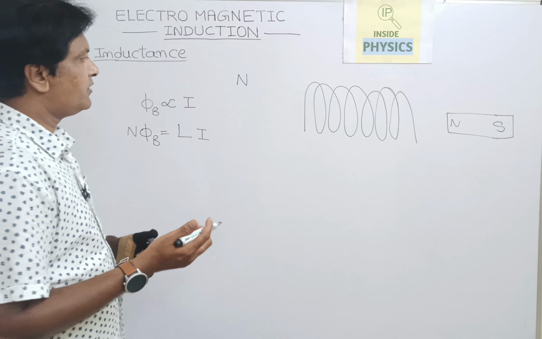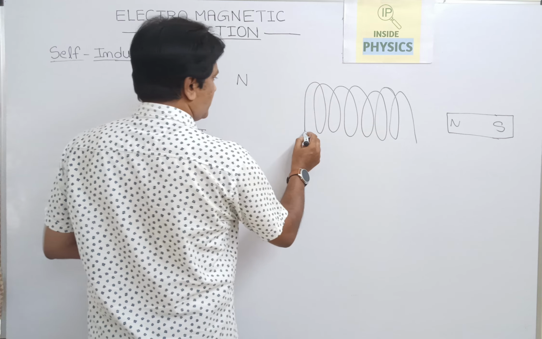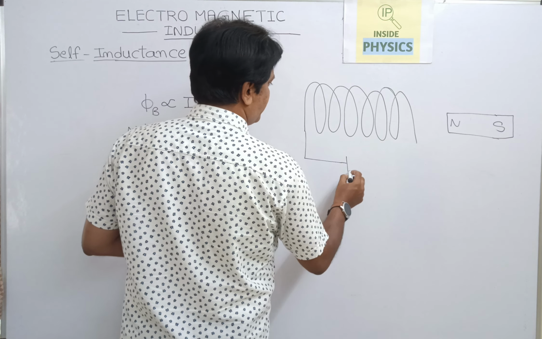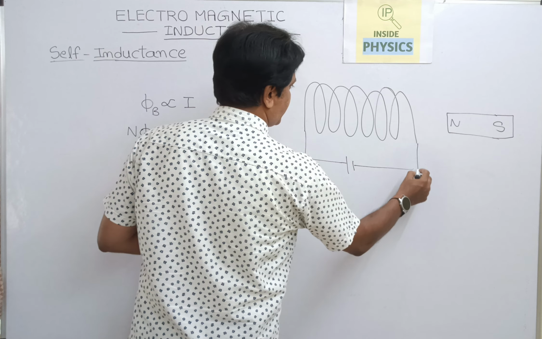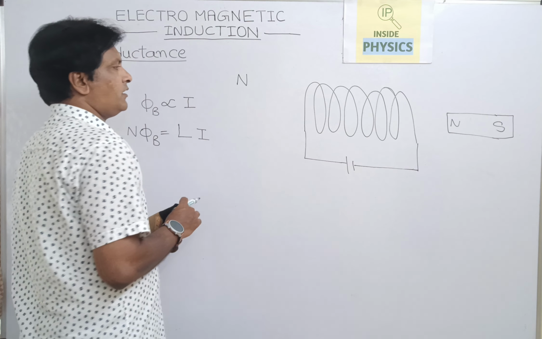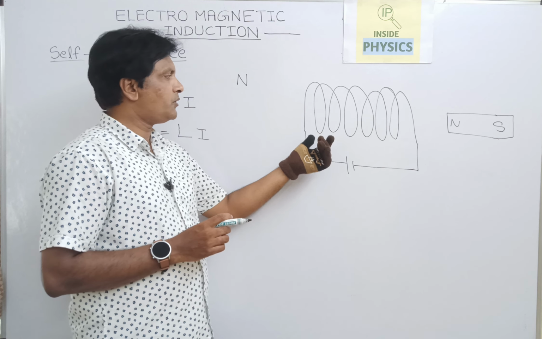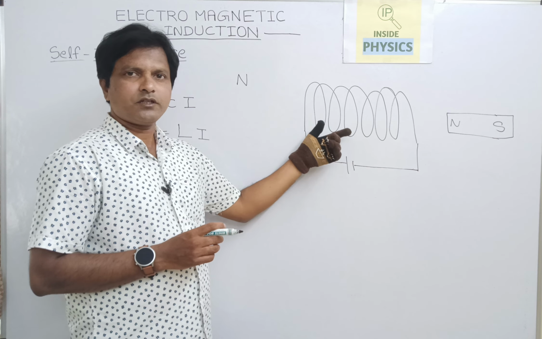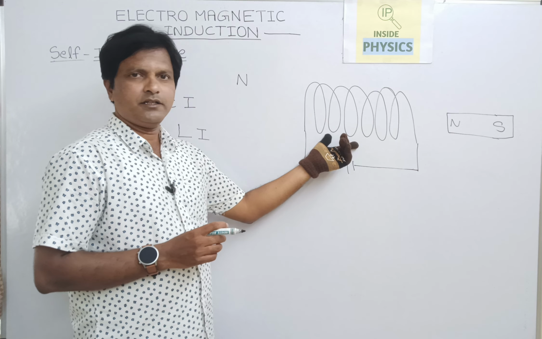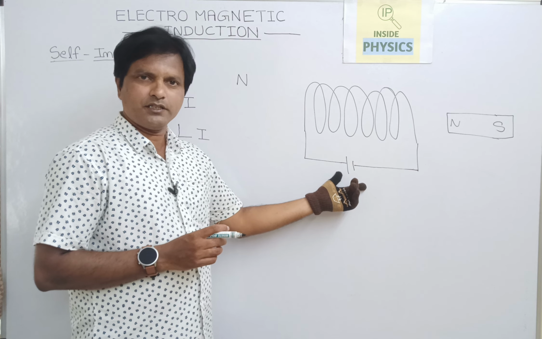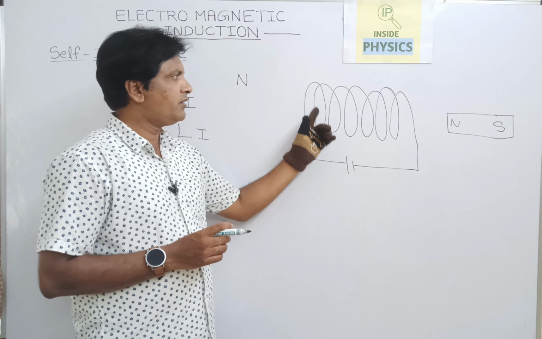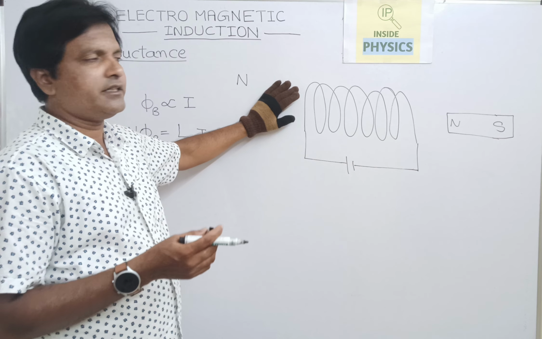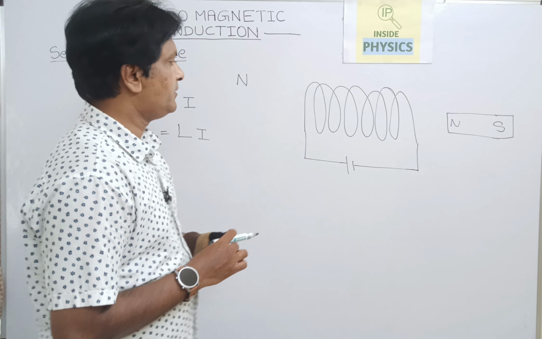Okay, so if we connect this coil to a varying potential, the variation of the EMF induced because of this battery will be causing a variation in the magnetic field around this coil.